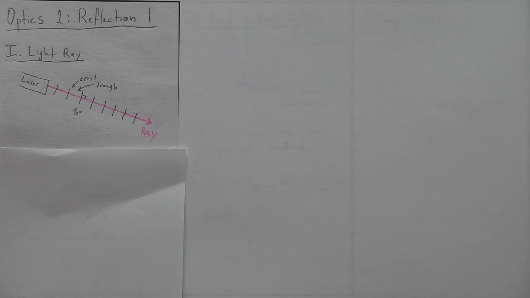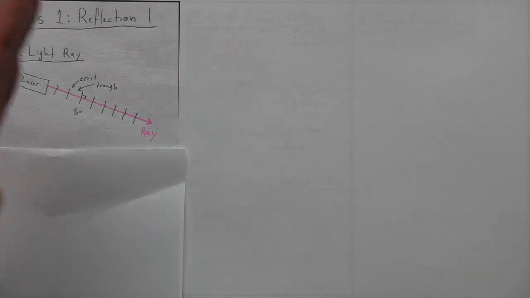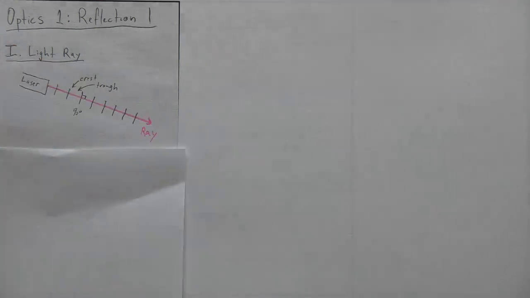It's a little imaginary thing that allows us to figure out how light behaves and write equations for the properties of what light does. So the ray, as you can see from this diagram, is 90 degrees to all the crests, the wave fronts that are moving through space. So we imagine that it's actually a line that goes like this. And for the most part in this unit, we could then forget about the fact that light is made of crests and troughs. We just analyze what's happening to the ray of light.